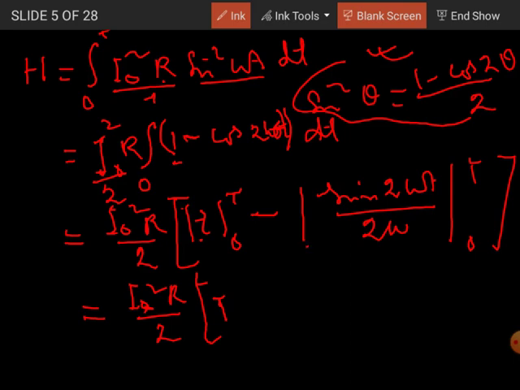If you do this by replacing that capital T to this small t, and do the simplification, then the last expression will come to 0. So whatever you have is only the first term.